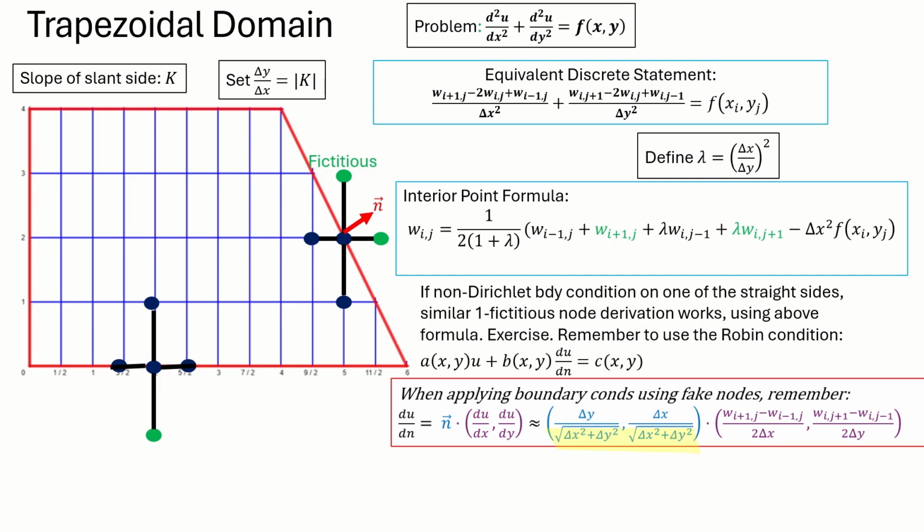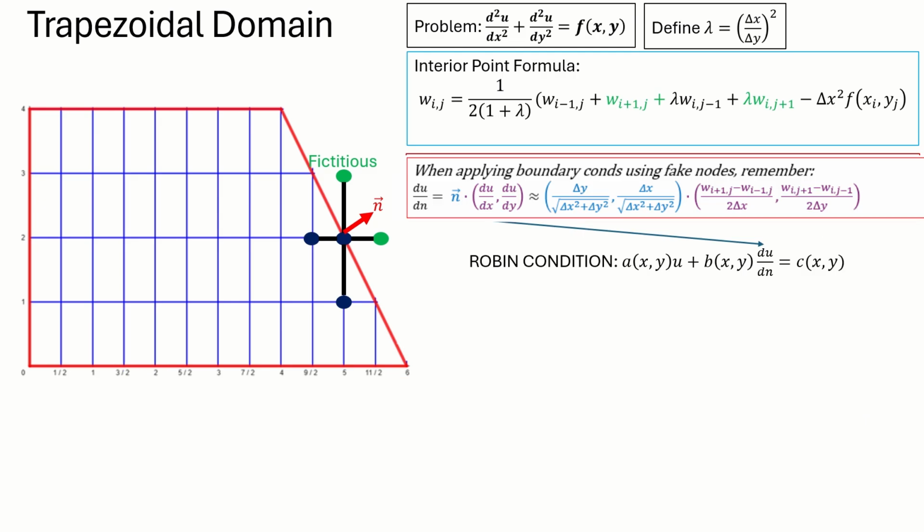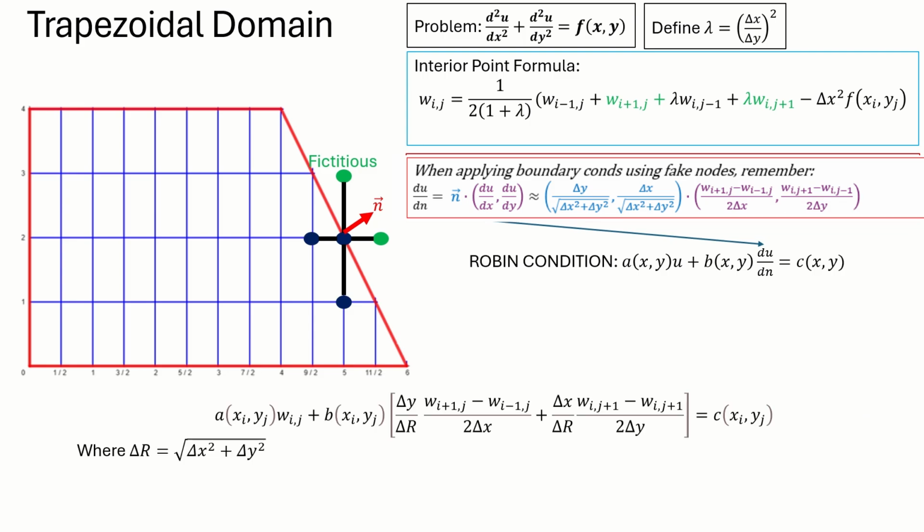If we then normalize this vector to have magnitude 1, we get the unit normal vector, which if we take the dot product with our estimate of the gradient using center differences, we get our discretized approximation to the normal derivative on the slanted boundary. We can then substitute this into a Robin condition. Let's also save space by calling the square root value delta r.